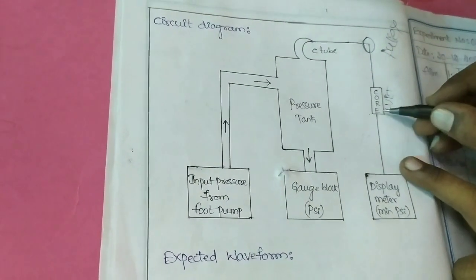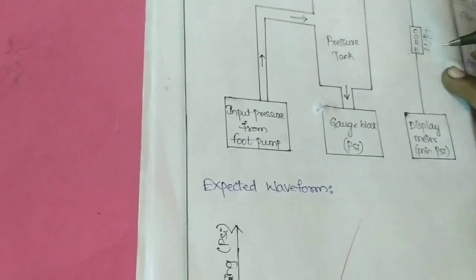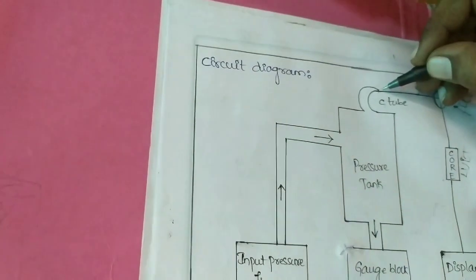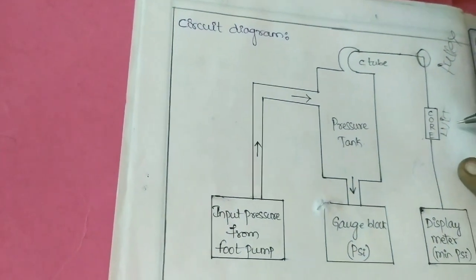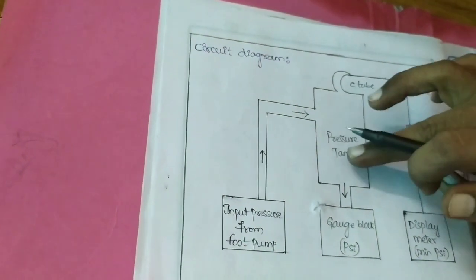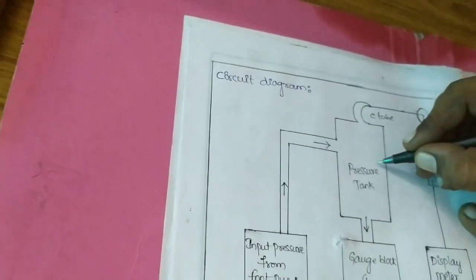To this LVDT, a display meter will be attached. The other end of the C tube will be connected to a pressure tank.